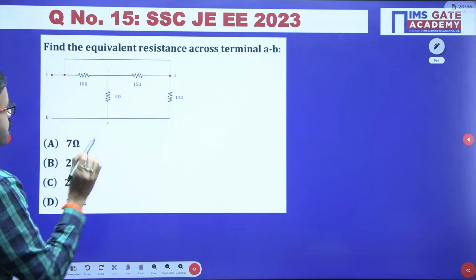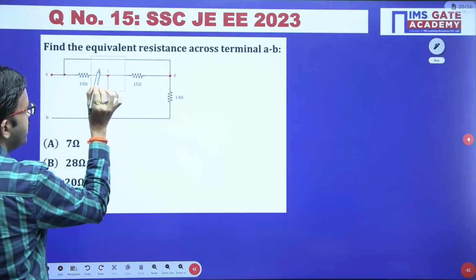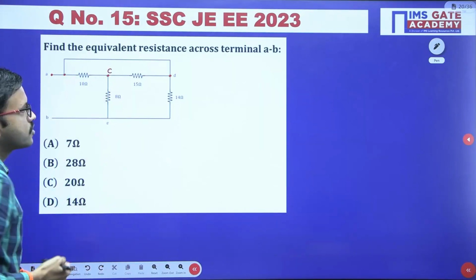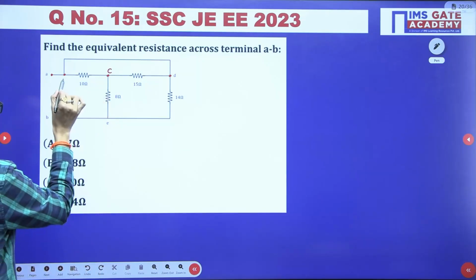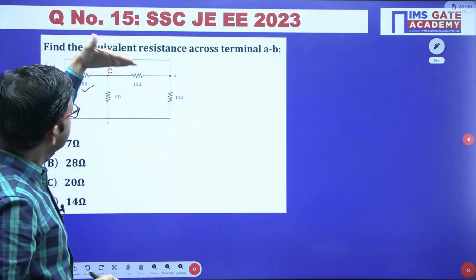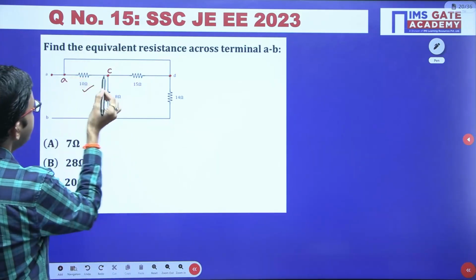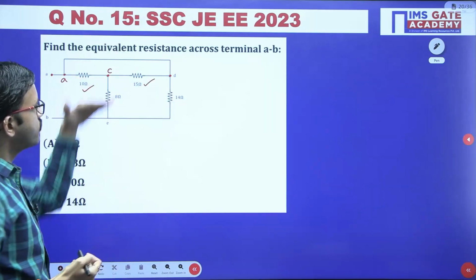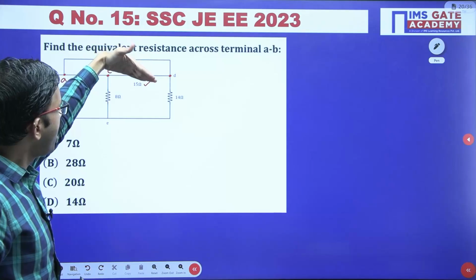So if you carefully observe, here you are having node C. Between C and A, you are having a 10 ohm resistor, and between the same C and A, you are having one more resistor, 15 ohm. Yes or no? You have to visualize like this.